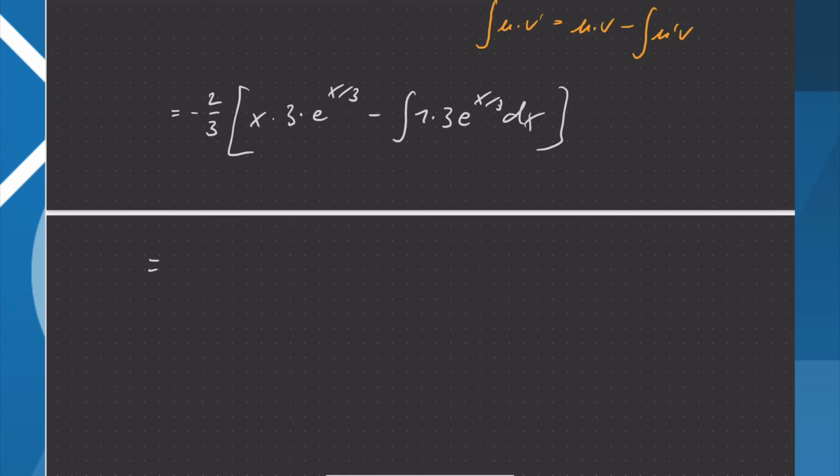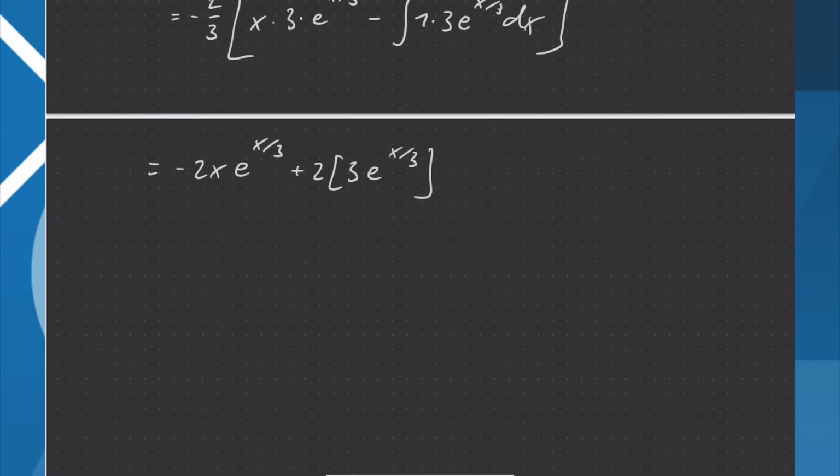Minus 2/3 times 3, that's minus 2x e to the x over 3. And here we get a plus, and again 3 cancels out, so we have plus 2. And let's integrate that already. So we already did that. The integral of e to the x over 3 is 3 e to the x over 3.